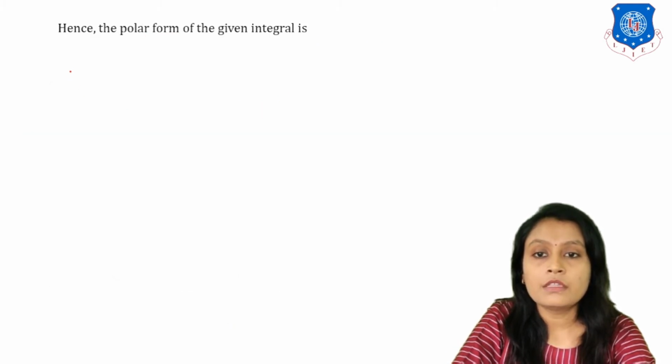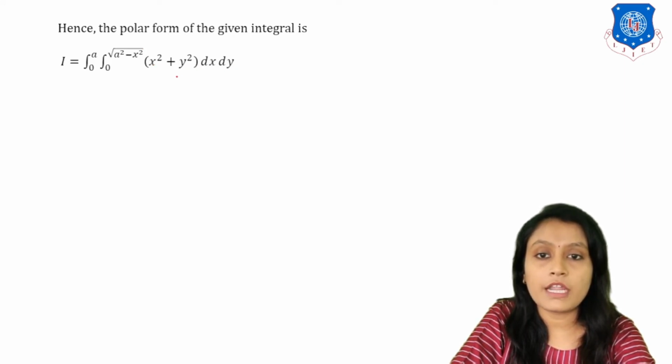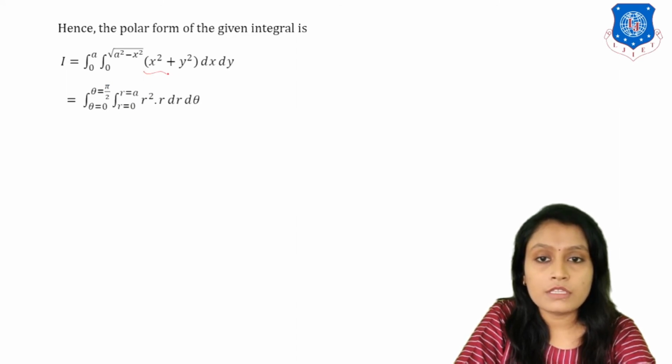Okay. Now the integration given in the question is I equals double integration 0 to a, 0 to under root a square minus x square plus y square dx dy. Now we will convert everything into polar coordinates. So what you will get? Limits of theta, that is 0 to pi by 2, limits of r 0 to a, and we know x square plus y square equals r square.